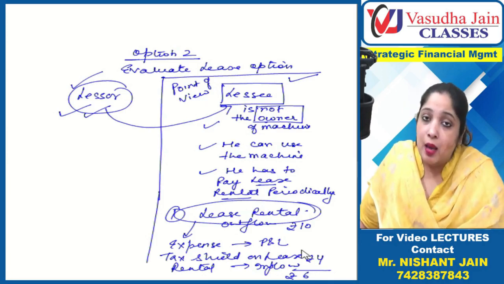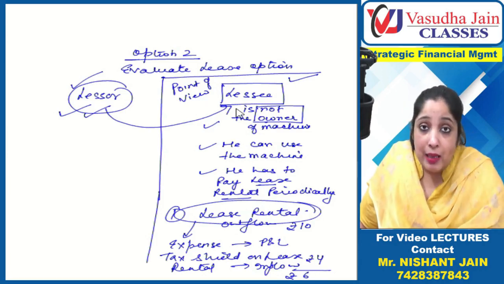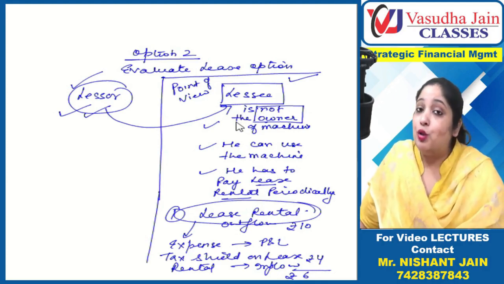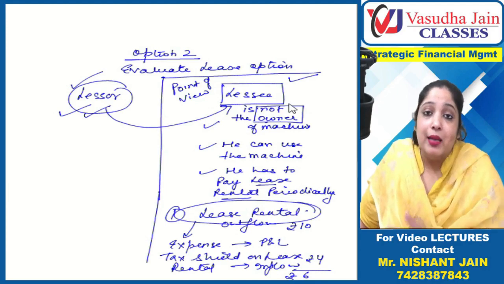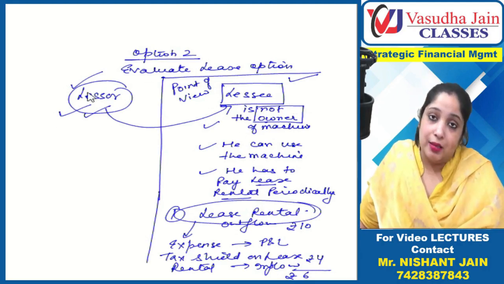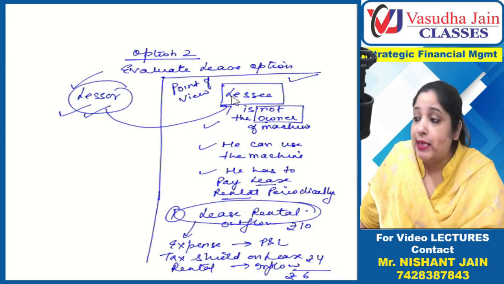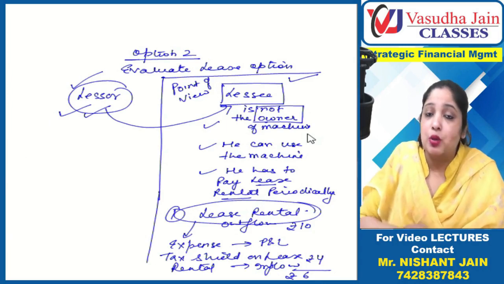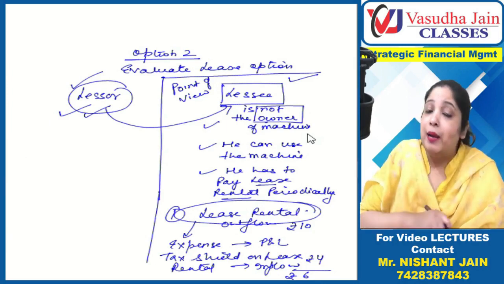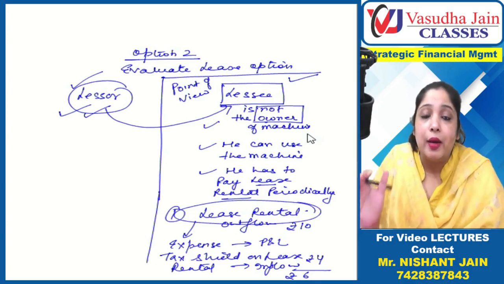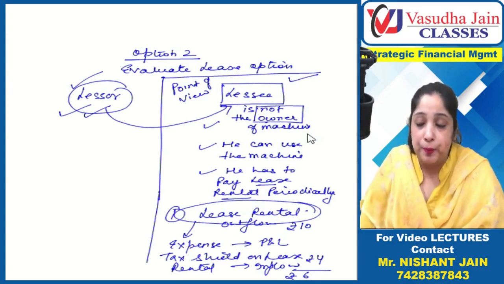And the last thing, will the lessee be able to sell the machine in the terminal year, the last year? The answer is no, because he is not the owner. In the last year, when the lease agreement finishes, the machine will be returned to the lessor. So the lessee will not be able to sell the machine. There is no inflow or outflow in that regard. Depreciation cannot be claimed. Interest payments are not there. Only lease rentals will be paid.